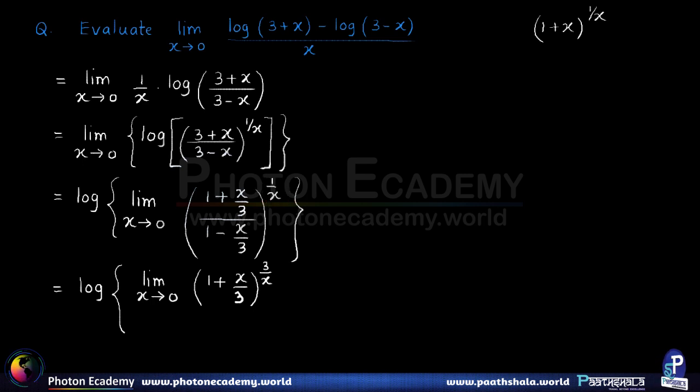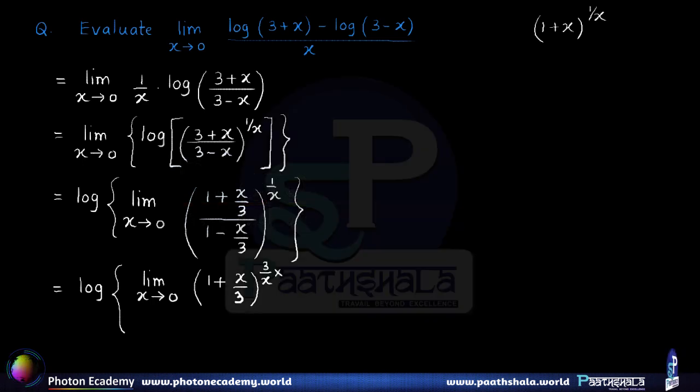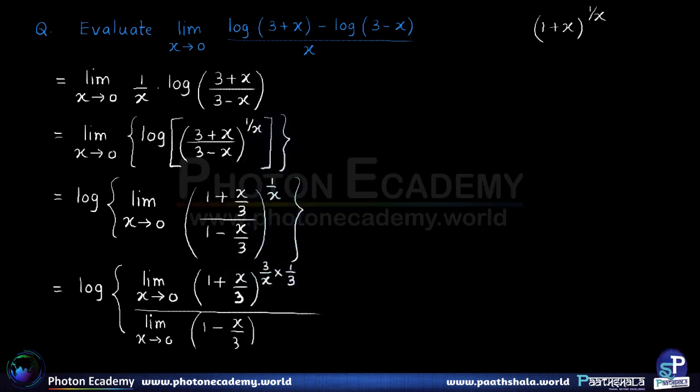So that means the factor of 3 we have added on our own, so we must multiply by 1 by 3 to keep the balance, and whole thing divided by limit x tends to 0. Similar to numerator we will have the denominator as 1 upon x minus 3, right? Now here the reciprocal is minus 3 upon x, so therefore we will have to multiply with minus 1 upon 3.